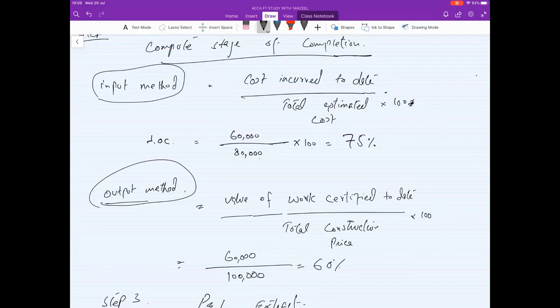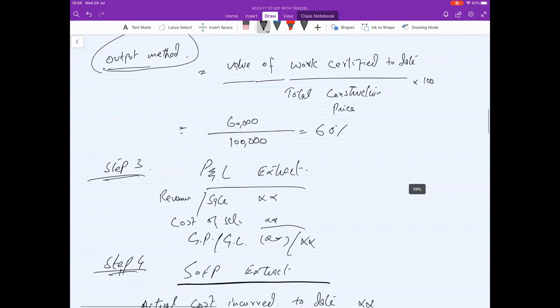It means you are thinking that 80,000 is the total cost for the whole project, and you have already incurred 60,000. It means 75% of the work has been done. Out of a total of 80,000, you have already spent 60,000, so you have spent 75% already, which means you have completed 75% of the work.